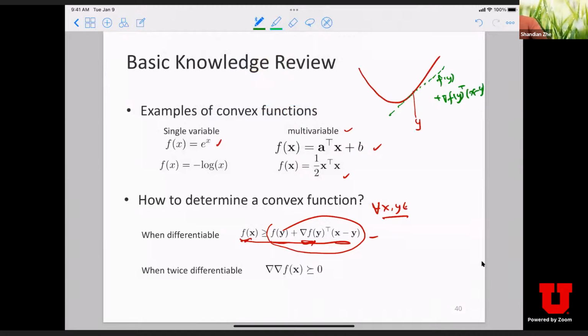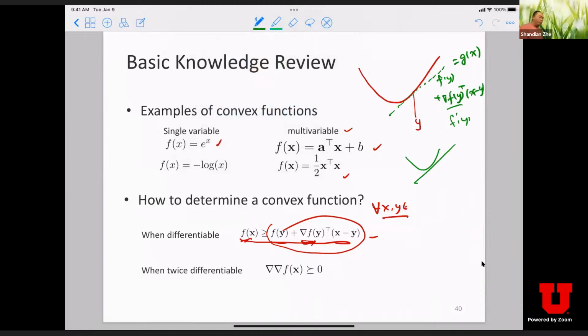So this is your tangent line. Let me denote it by g(x). This is just the extension of the scalar case. We know that for a scalar function, if you want to write the tangent line, you just replace the gradient by f'(y).